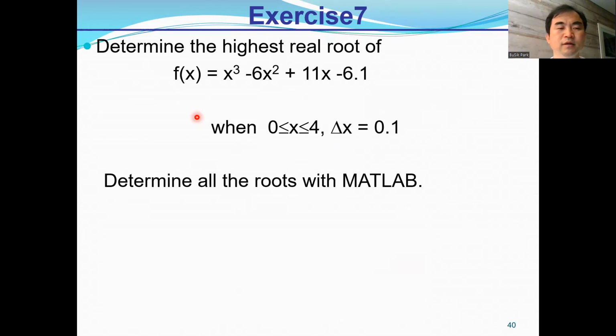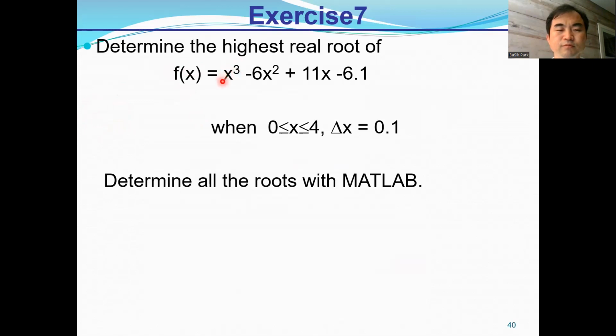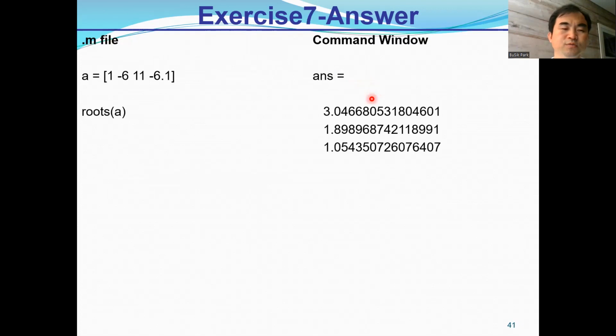As I explained, it has roots. We can use roots or fzero. I used the roots function. So in this case, we first need the coefficients 1, -6, 11, and -6.1. Using this, implement roots, and then in the command window we can get all root values here.